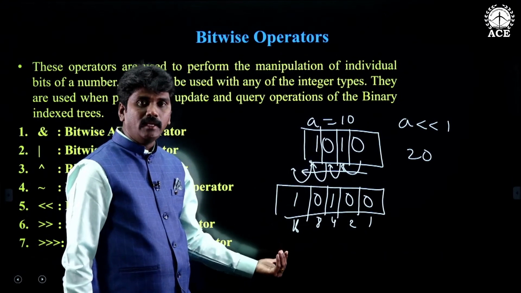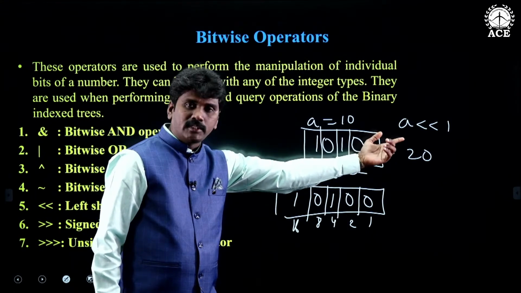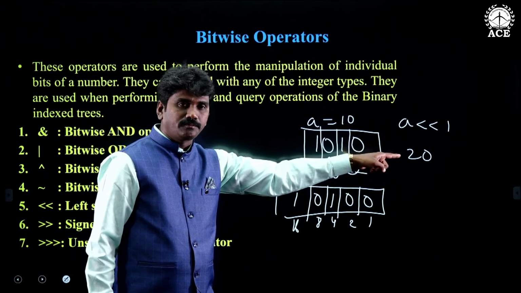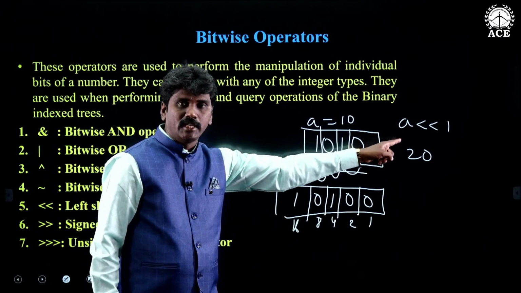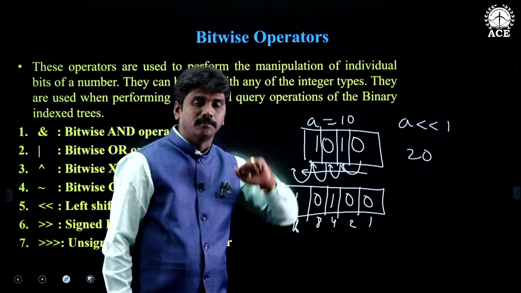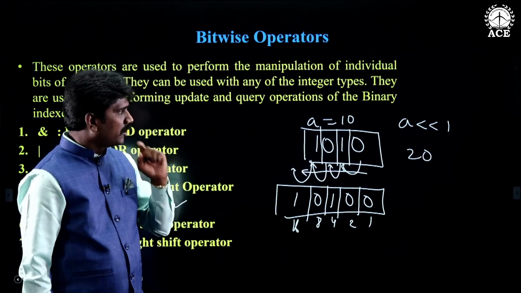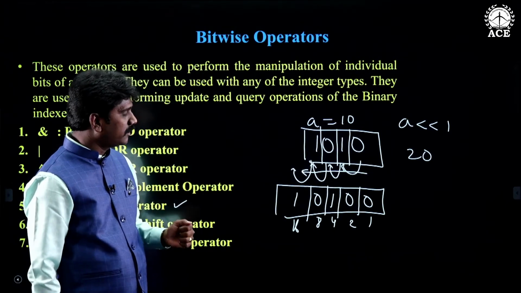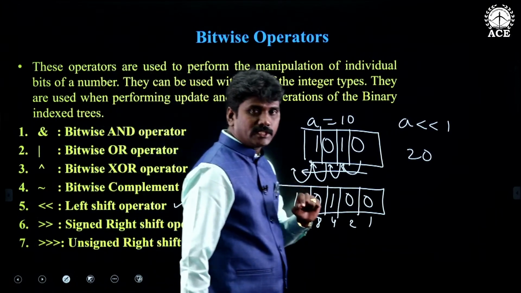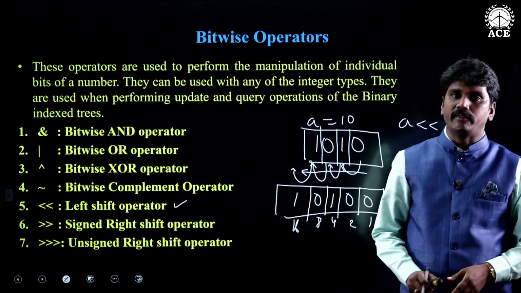Again, if we apply left shift another time on the variable A, its value is going to be 40. Directly we can say that whenever we apply the left shift, it is going to be multiplied by 2.